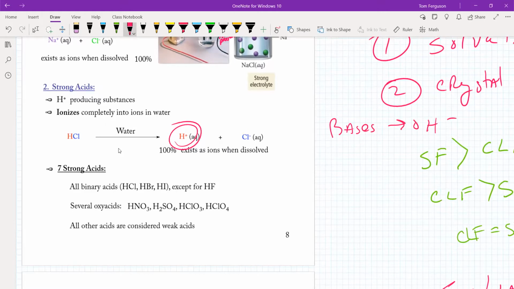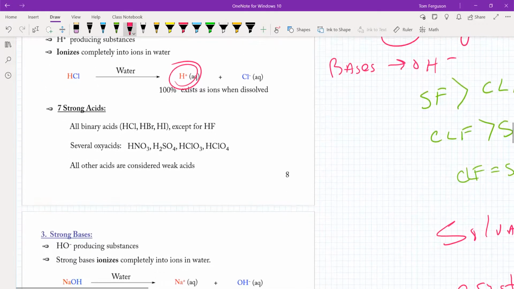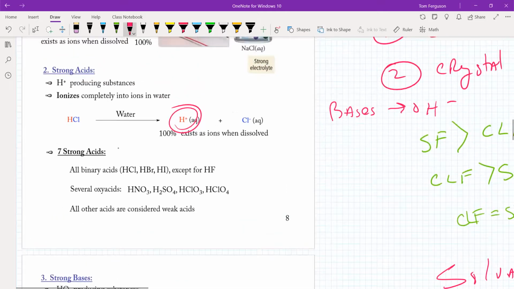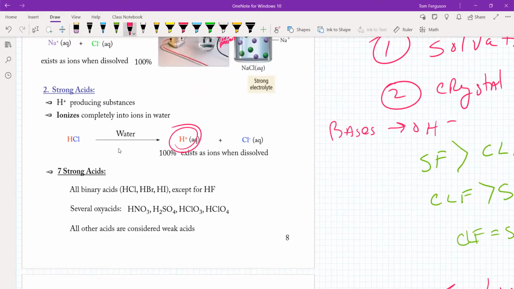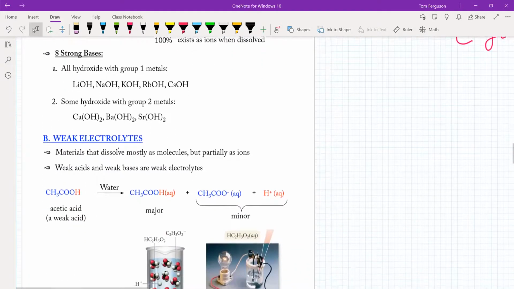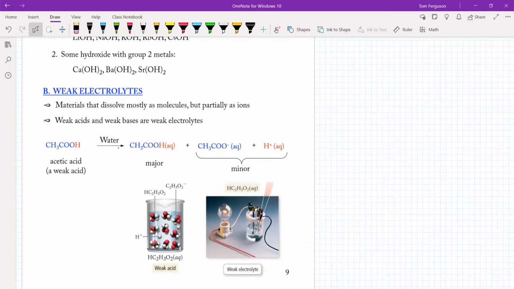Bases give off hydroxyl ions, OH ions. So again, they're ionic. So acids and bases in water will conduct electricity. So bases are OH, acids are H+. But they're strong ions. Weak electrolytes only give off a little bit of ions.